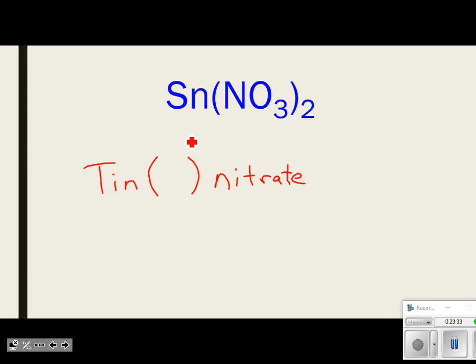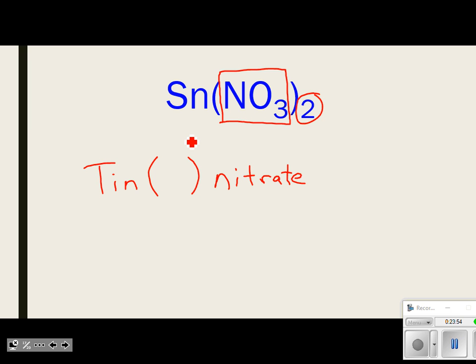How many do we have up here, Maya? How many nitrates do we have? Here's nitrate, right? Let me walk you through it. There's nitrate, right? How many of those do we have? We have 2 of them, right?